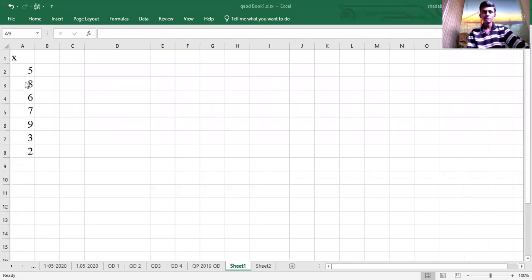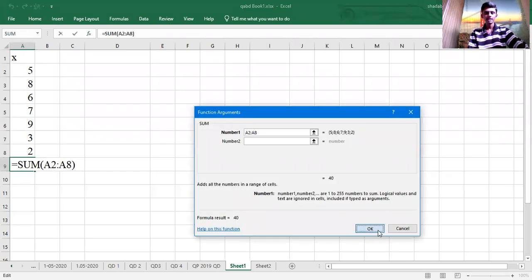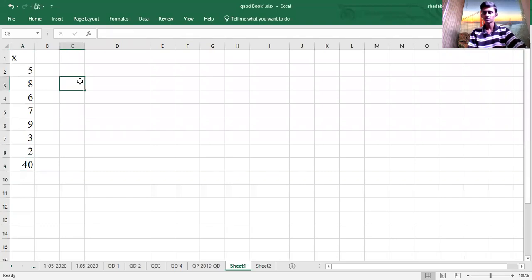While calculating mean, we just add all the values and divide by the number of observations. Sigma x is 40, divided by the number of observations, 1 2 3 4 5 6 7, so 40 divided by 7, we get 5.7 as the mean.